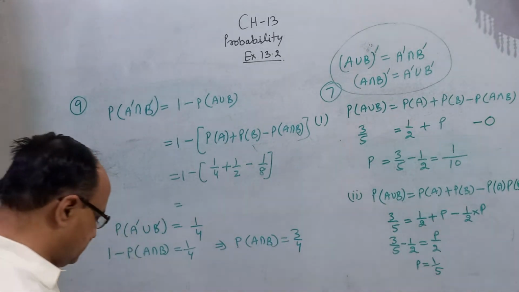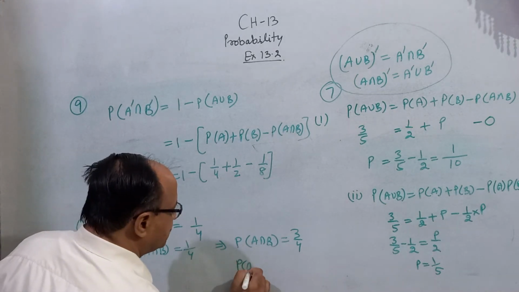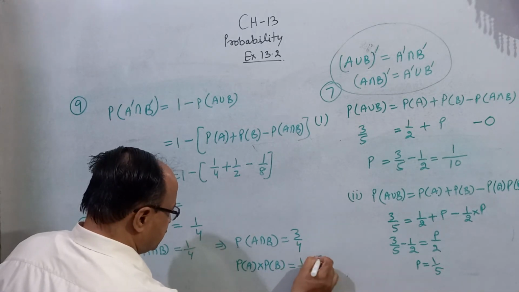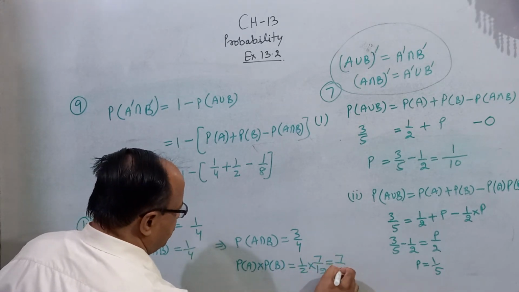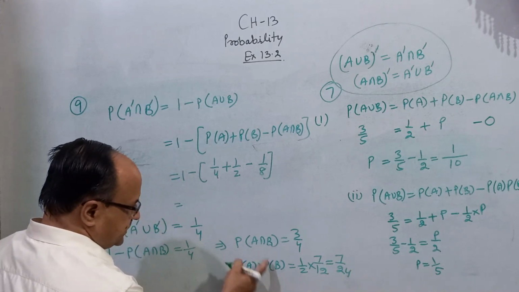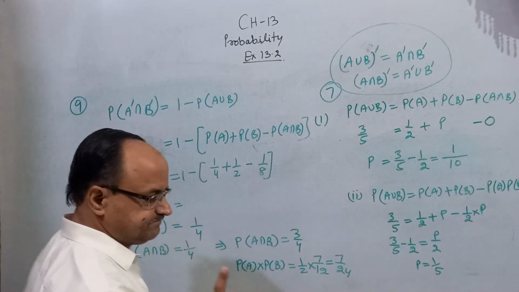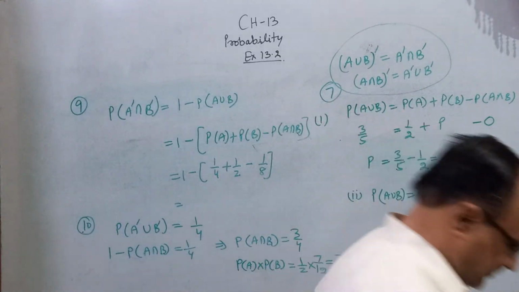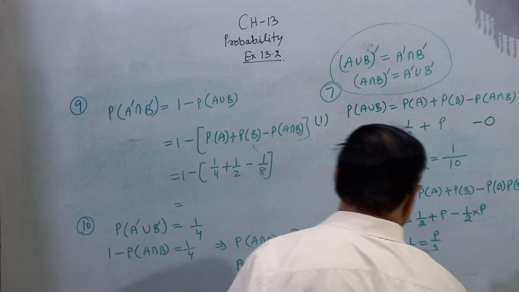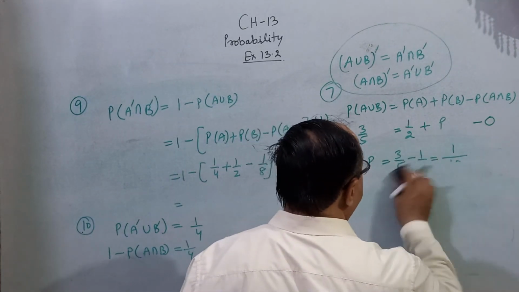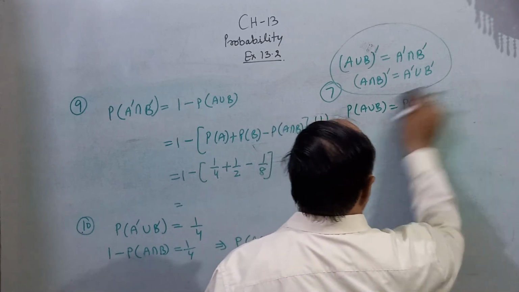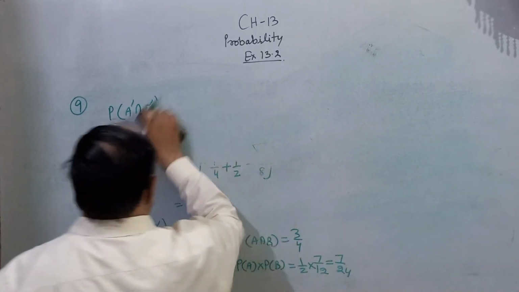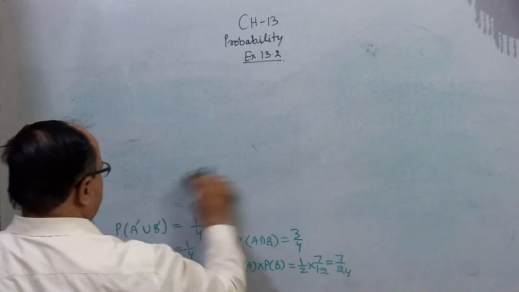And probability of A into probability of B is 1 by 2 into 7 by 12, that is 7 by 24. Can you say both are equal? It is not equal. Therefore you can say these are not independent events. In this question, events A and B are not independent events. Clear?